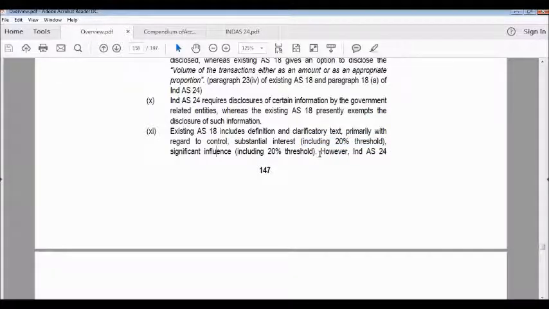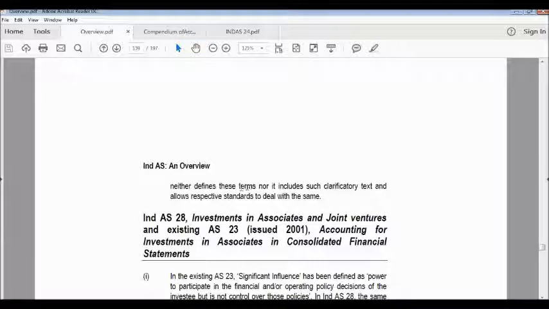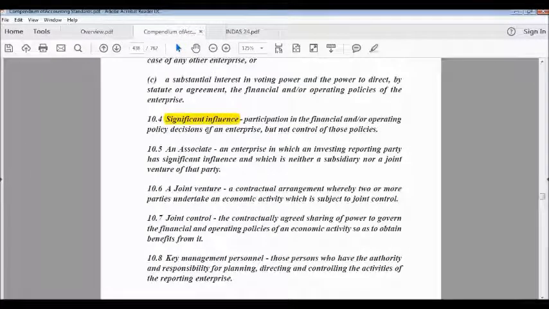However, Ind AS 24 neither defines those terms nor includes such clarificatory text, and allows respective standards to deal with the same.